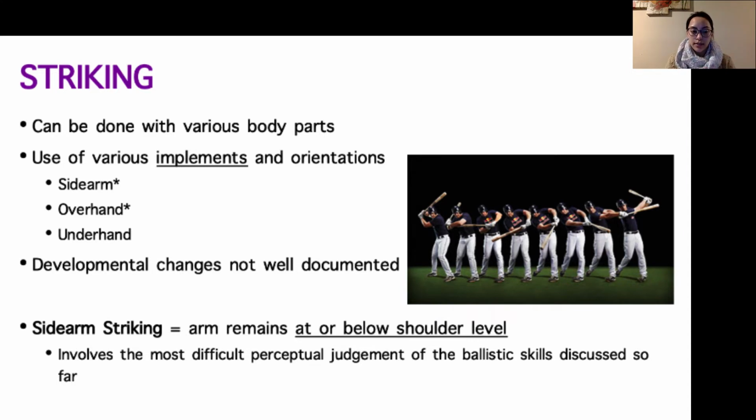Same goes for sidearm striking, but because for the book chapter we're specifically talking about striking with the use of implements, we not only have the control of our body now, but we also have the control of the implement, as well as tracking any other projectile objects in our environment. So lots of perceptual judgment is needed for proficiency in these striking skills.